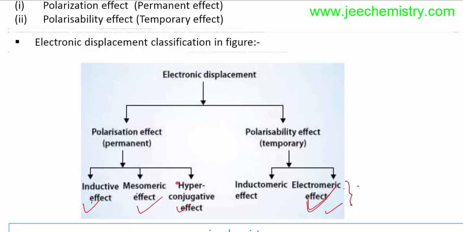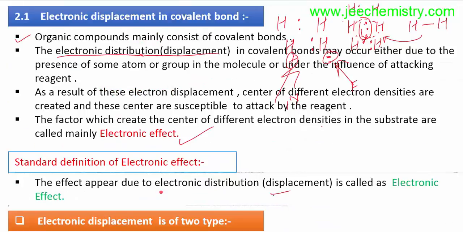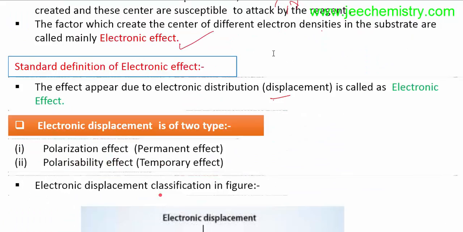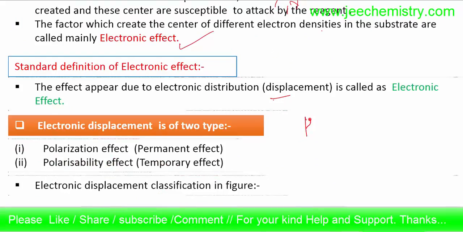These three are very important. We have to learn them one by one, in very great detail. And these are the electronic displacements. In any compound, electronic displacement will occur. Here the electrons are shifted more toward this atom, and here they shift like this; that is electronic displacement.